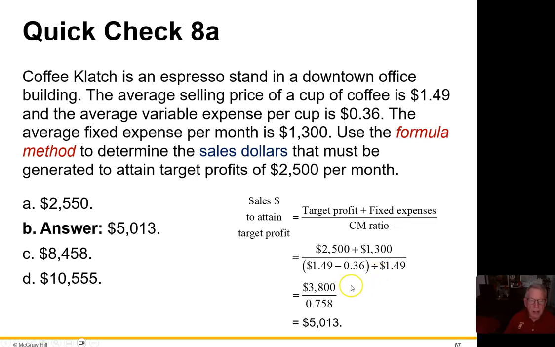If I do that, I take the 3,800, that's the 2,500 plus this 1,300, and divide by the contribution margin ratio, which is the contribution margin per unit divided by the selling price per unit. That'll give you your 0.758. So that means we would need to sell $5,013 to hit that $2,500 target profit that we want.